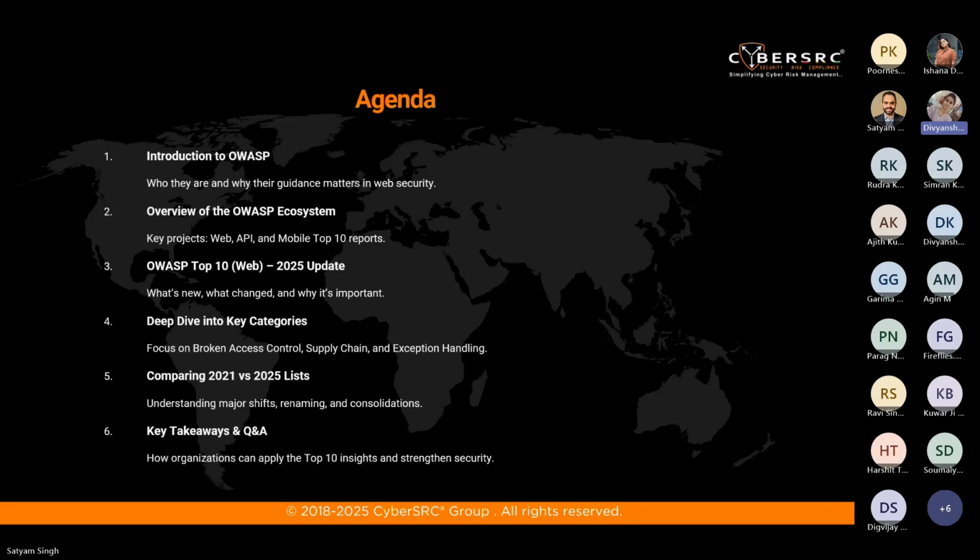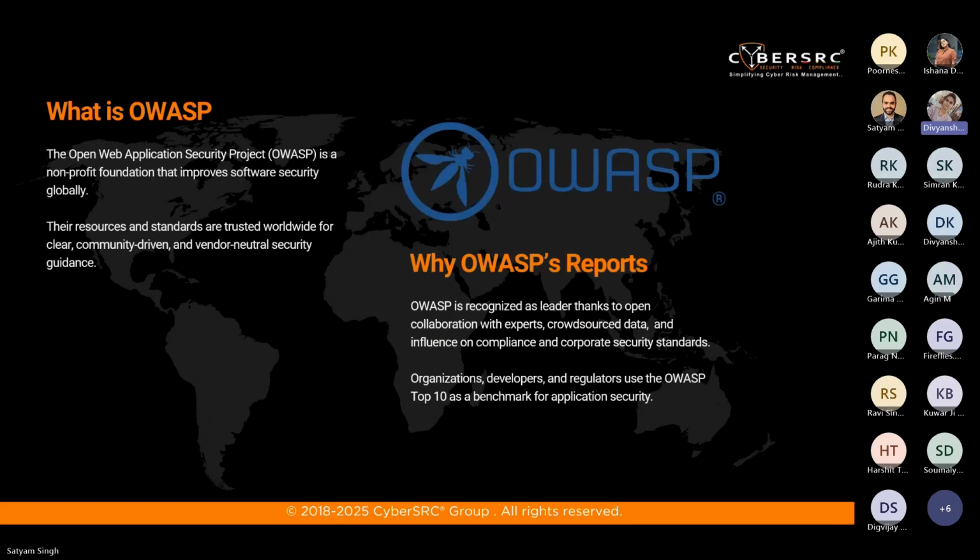So, moving forward, let's start with an introduction to OWASP and why it's so important in today's web security landscape. OWASP stands for Open Web Application Security Project. It's a global non-profit organization dedicated to making software security better for everyone.